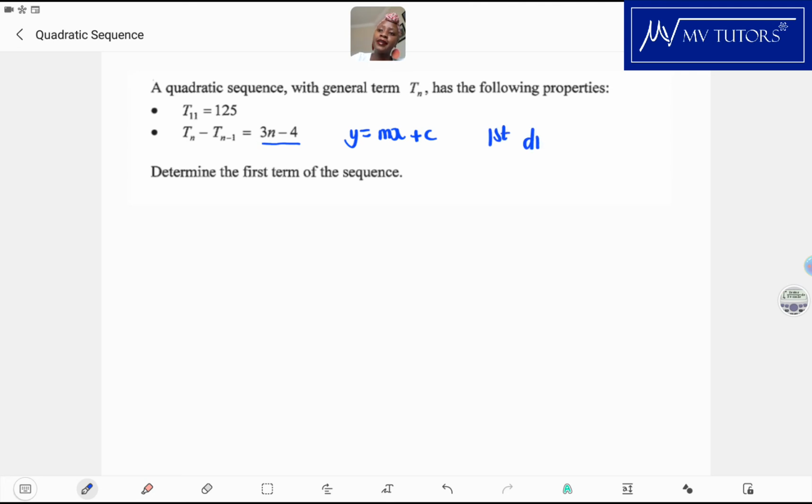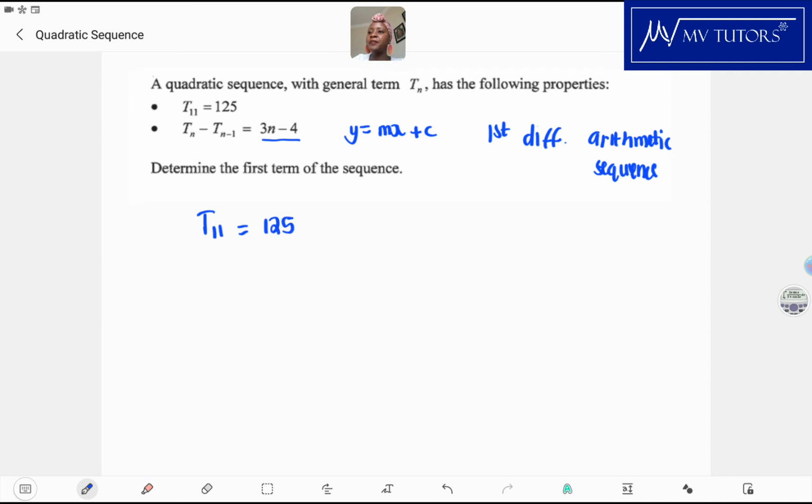And I know the first difference is an arithmetic sequence. Okay, so now determine the first term of the sequence. Alright, I'm gonna start like this. We'll see how it ends up. So the 11th term is 125, right?